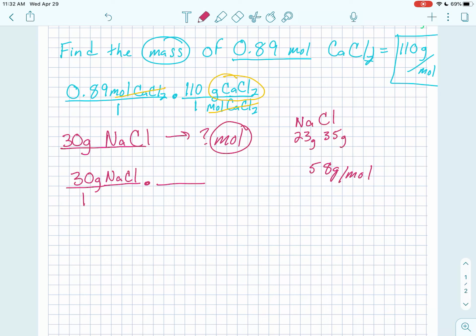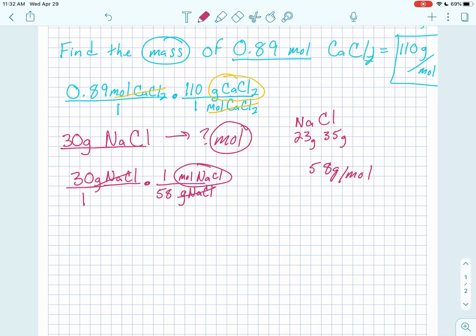And so then, over here, I need grams of sodium chloride on the bottom, and up here, I need moles of sodium chloride on top. So that way I can end with what I'm looking for. And so then 58 will go on the bottom, 58 grams in 1 mole, which will go on the top.